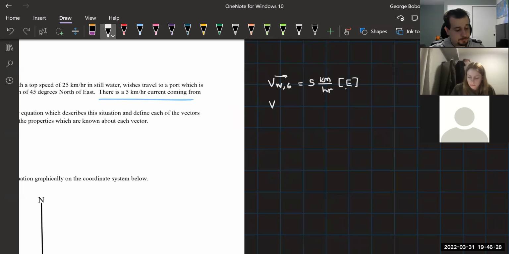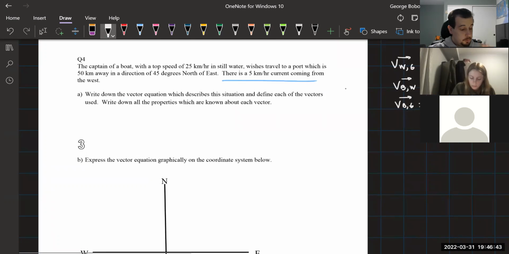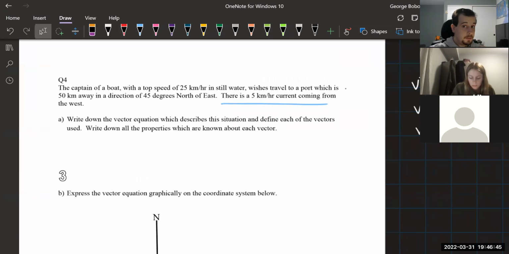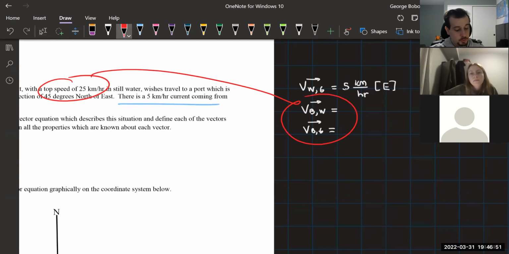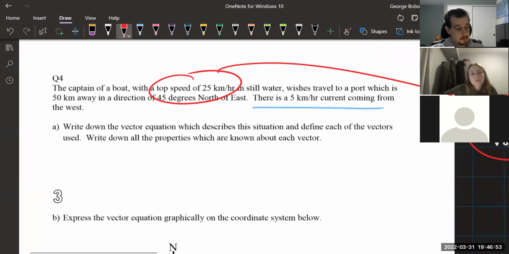And then we have 2 other velocities we need to worry about: the boat with respect to the water, and the boat with respect to the ground. Now, pay close attention, because they've done everything they can to confuse you here about which velocity is which. You have to really think about this.